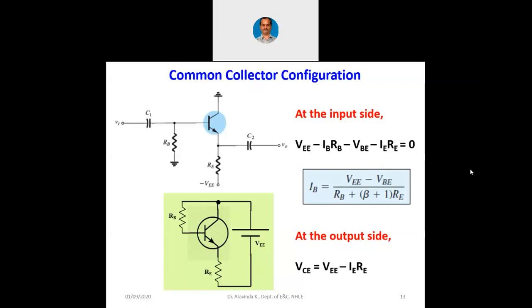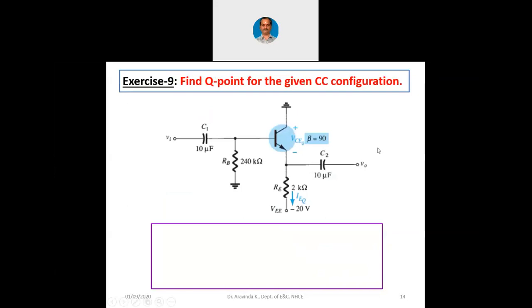Now, based on this, let us solve one exercise. There is an exercise: find the Q point for the given CC configuration, common collector configuration, and it's the same circuitry here. You will have to visualize the power supply or a battery here with the positive terminal at the top and negative terminal at the bottom.